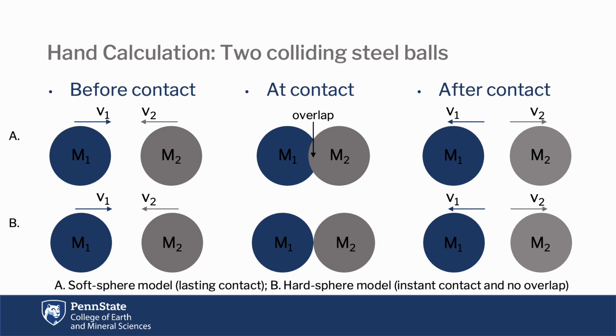Scenario A has the balls M1 and M2 overlapping a bit at the point of contact, and that's the soft sphere model, which has lasting contact. Scenario B has them just meeting for a very short time, and then they rebound, going in different directions, an elastic collision afterwards. That's the soft sphere model and the hard sphere model.